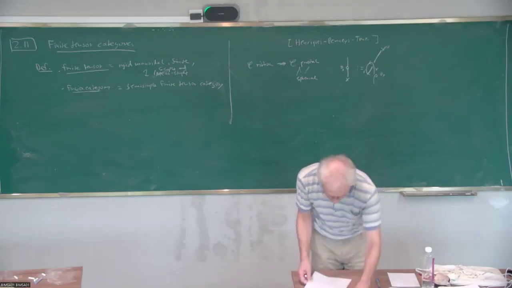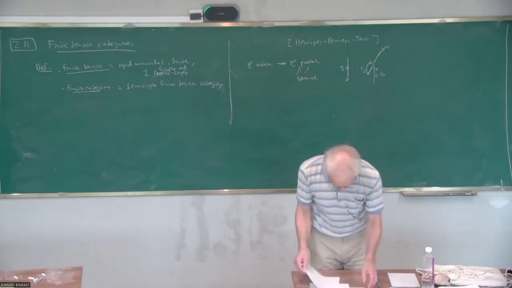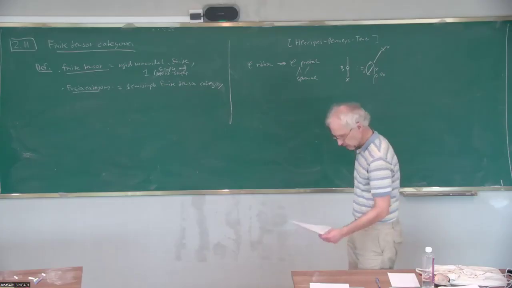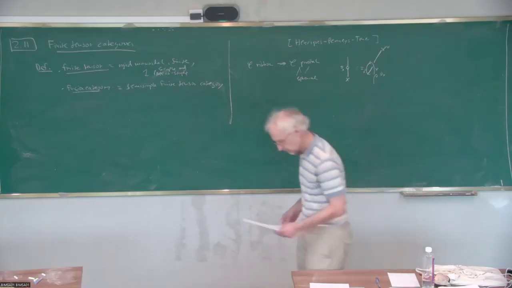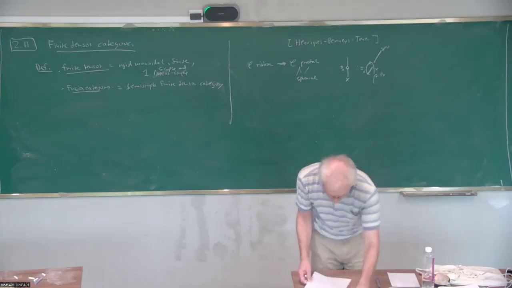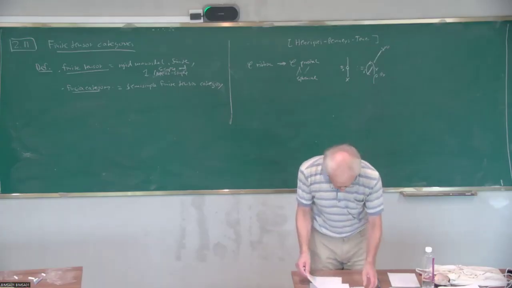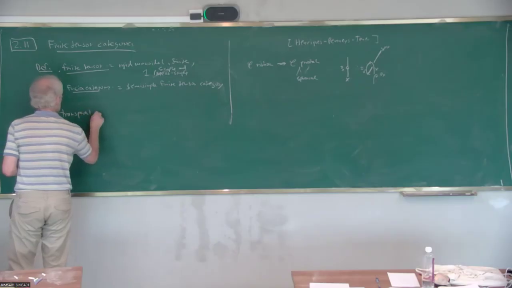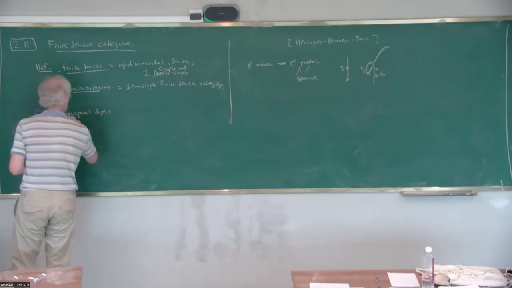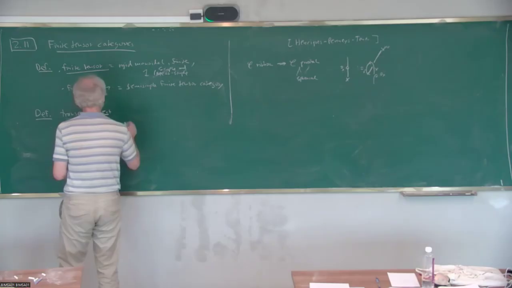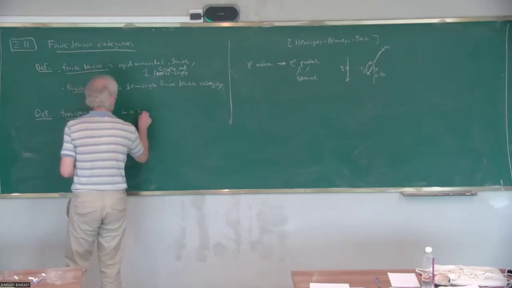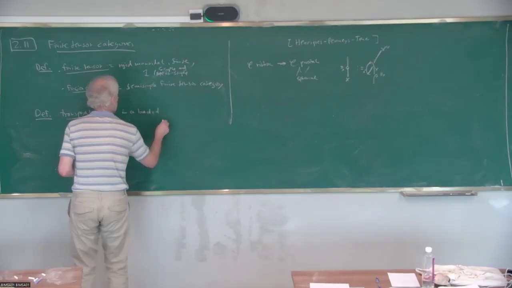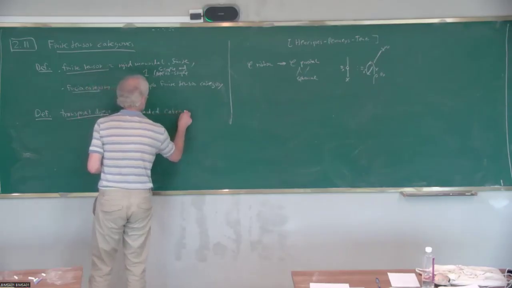And then finally, now I think I can take up most of the things that I wanted. The definition: a transparent object, generally in a braided category.